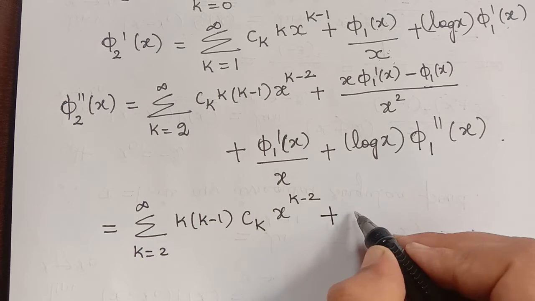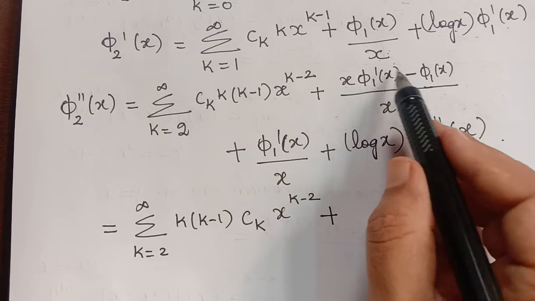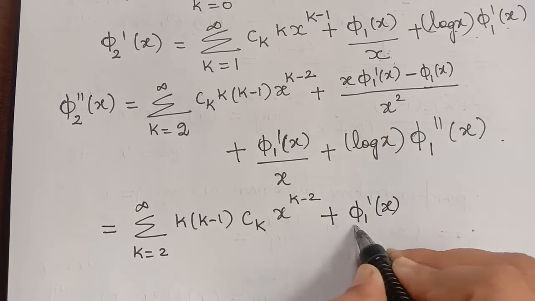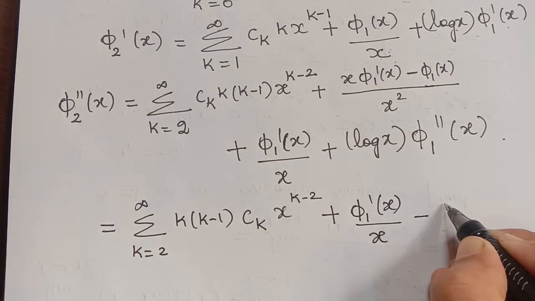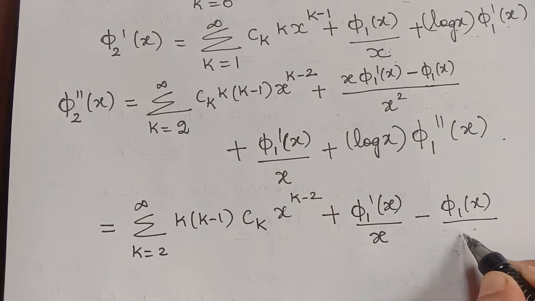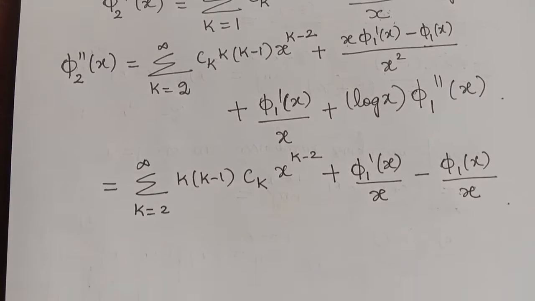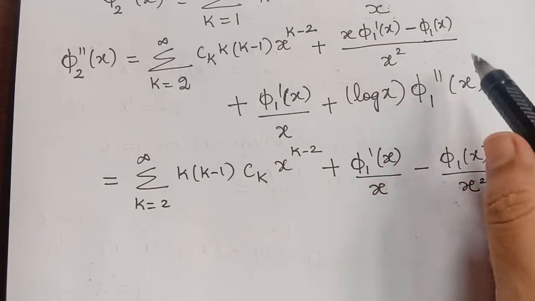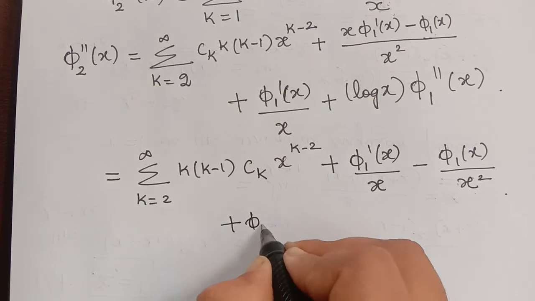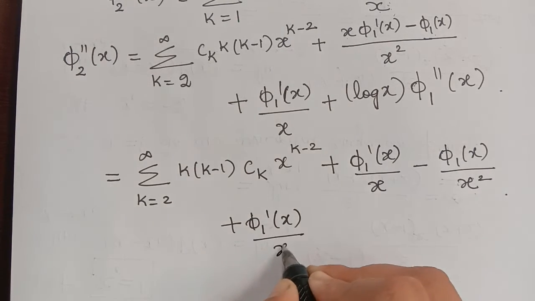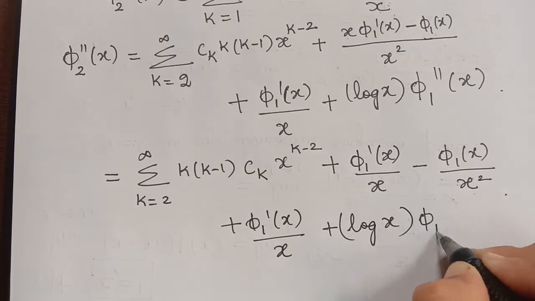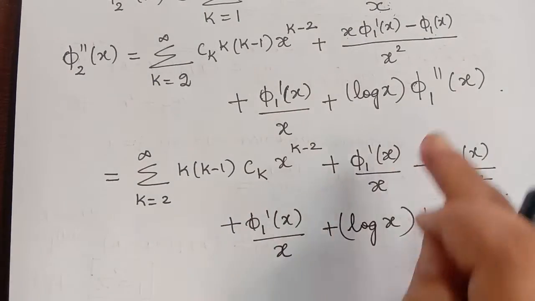So we will have x phi 1 dash of x by x squared; cancelling the x terms, we have phi 1 dash of x by x, minus phi 1 of x divided by x squared, and then plus phi 1 dash of x by x plus log x phi 1 double dash of x. All these terms come as it is.